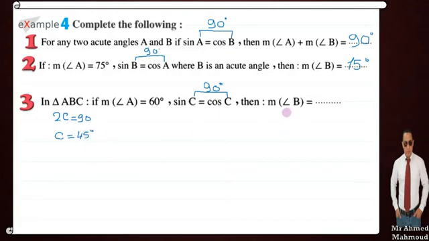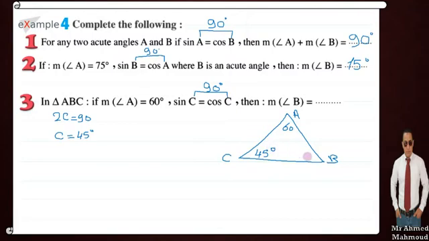Okay, here we have a triangle like this: A, B, and C. Angle A equals 60, B is unknown, C equals 45 degrees.